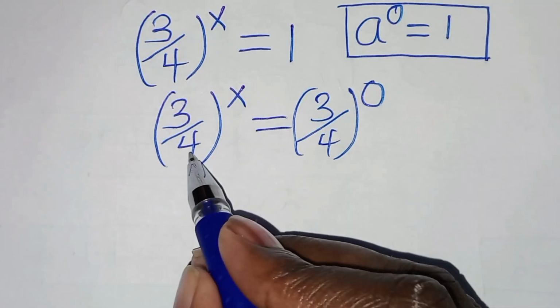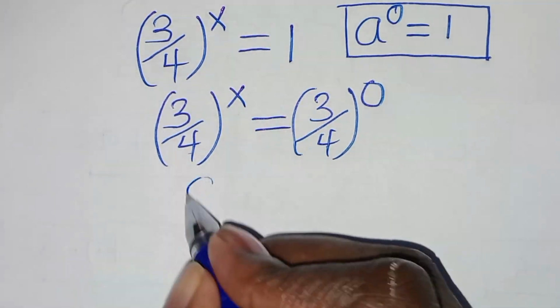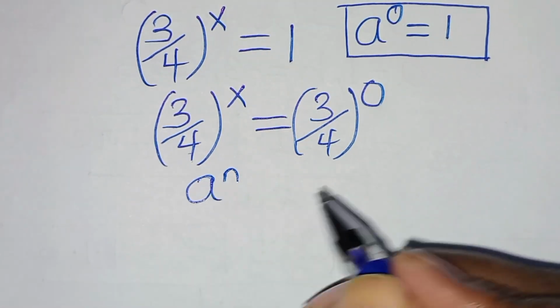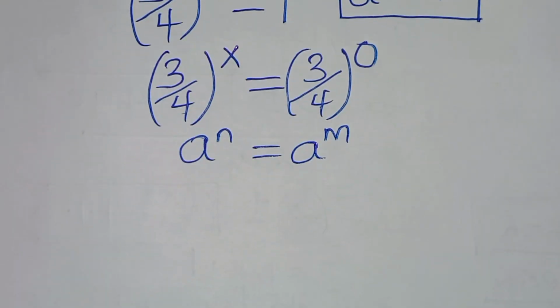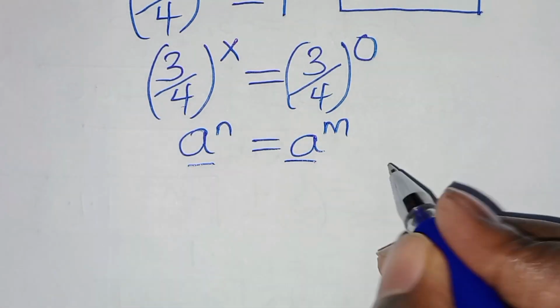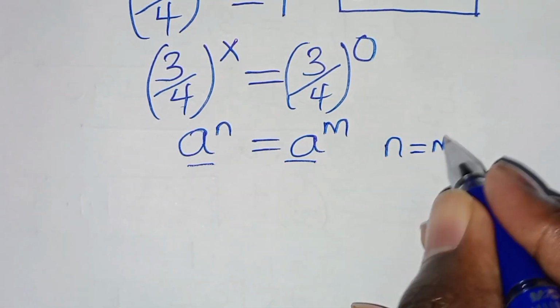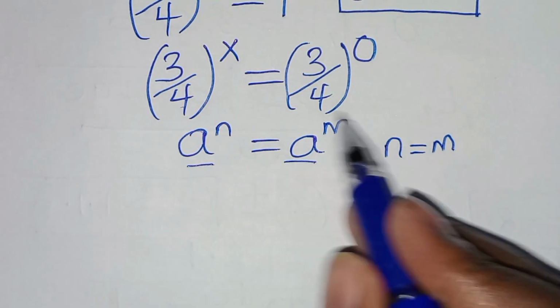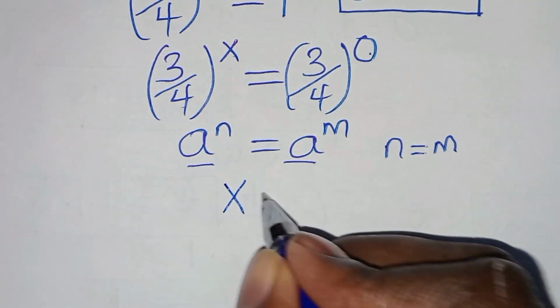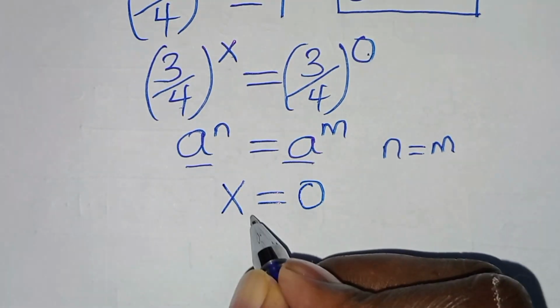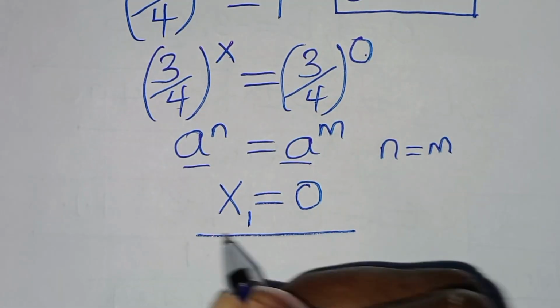And since the bases are common here, a to the power n equals a to the power m, the exponent n is equal to m. So this implies that x is equal to 0. This is the first value of x.